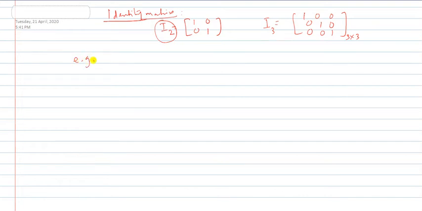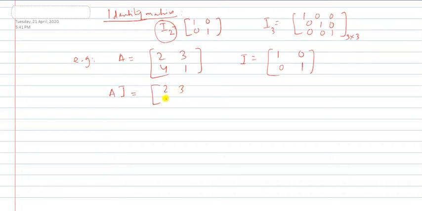For example, I take A is 2, 3, 4, 1, and I take identity of same order, that is 1, 0, 0, 1. I want to show you that identity matrix, why it is called an identity matrix. Let us find A into I, that is 2, 3, 4, 1, and I will multiply it with another matrix 1, 0, 0, 1.